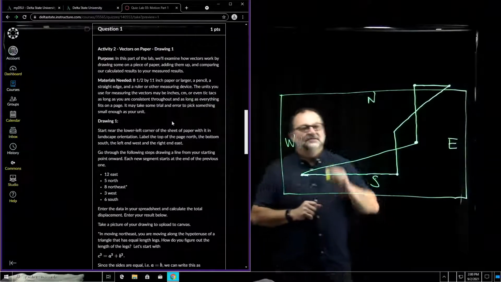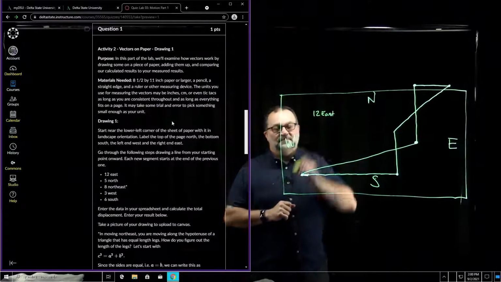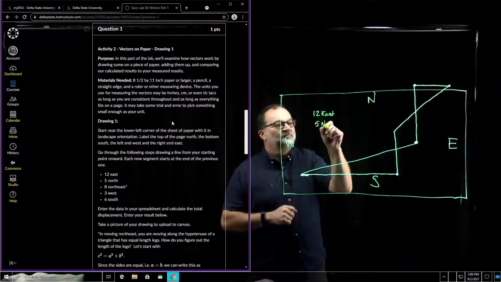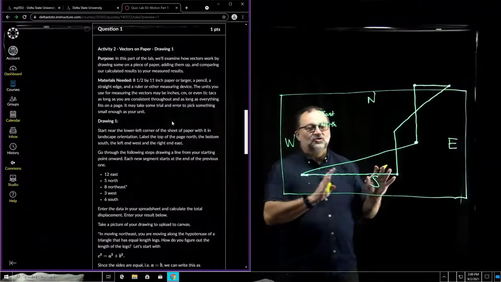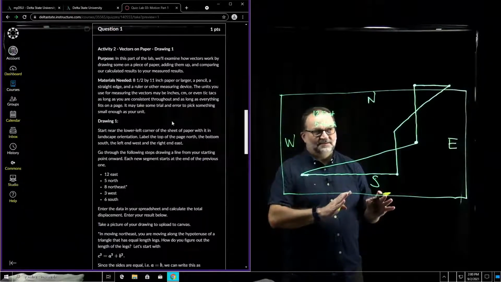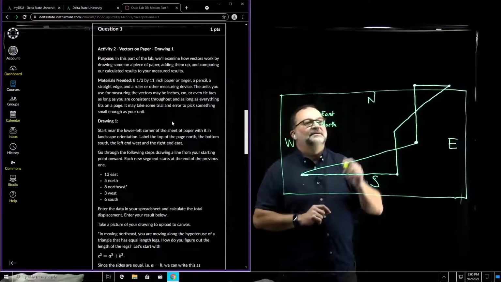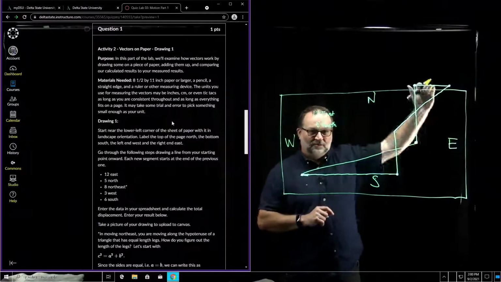We went 12 east. We went 5 north. Our next step is 8 to the northeast. So to the northeast, right, is a 45-degree angle.